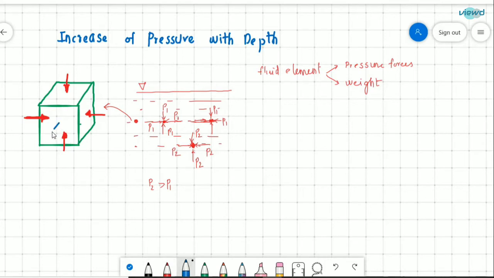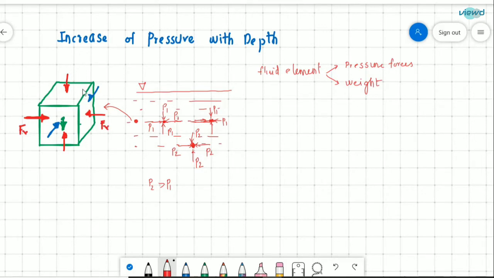These pressure forces will be acting on the surfaces, and also there will be the weight of the fluid element acting downwards. So here these are balanced. Let us say this is Fx and this is Fx.